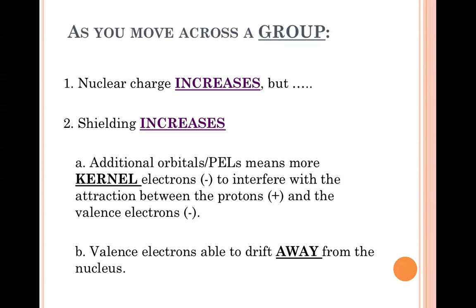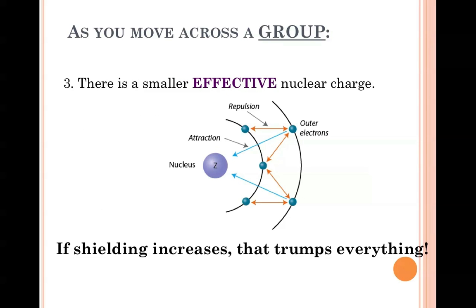Because of this, there's a weaker attraction, which means the valence electrons are able to drift further away from the nucleus. So keep that in mind as we talk about atomic radii. With those two effects, having an increased nuclear charge but increased shielding, there's a smaller effective nuclear charge. So overall, there's less attraction between the nucleus and the electrons.